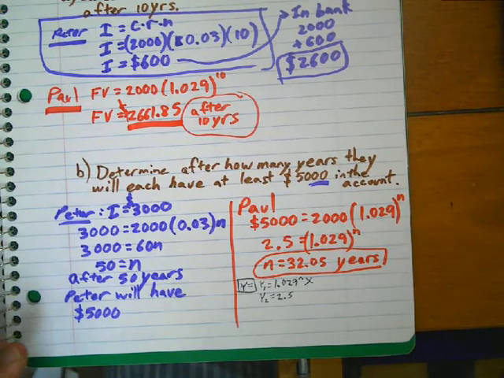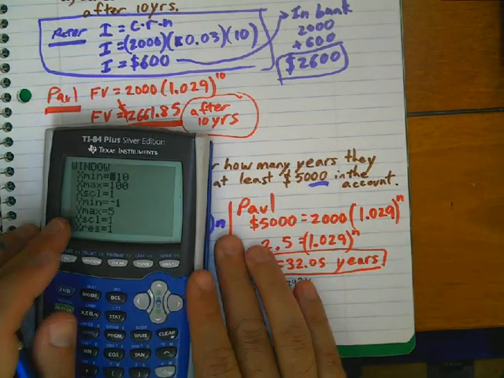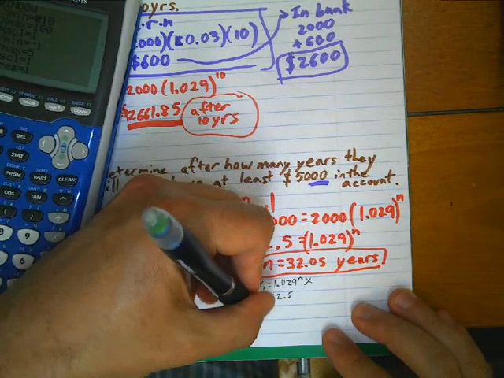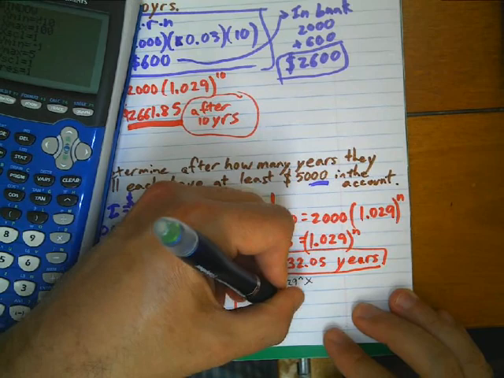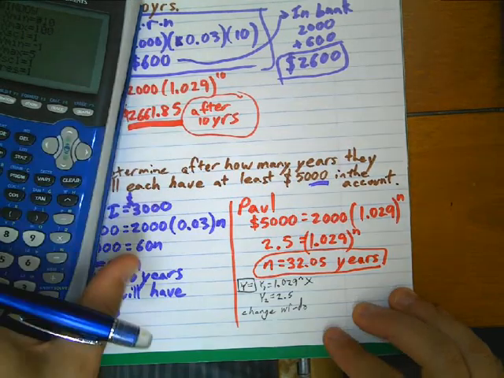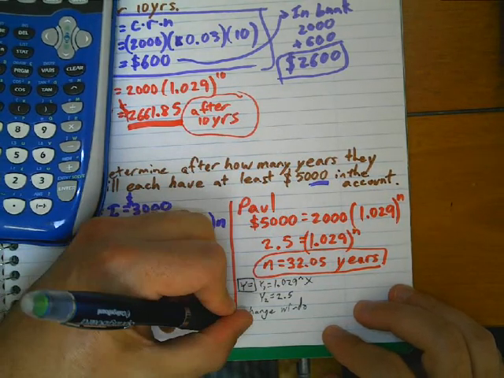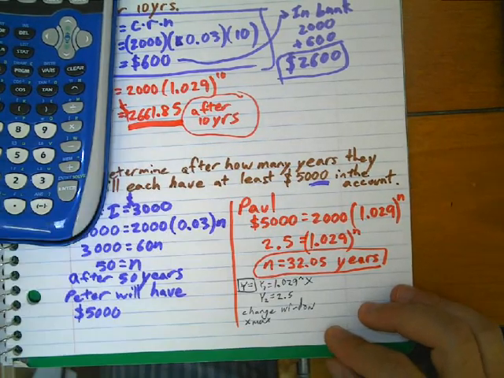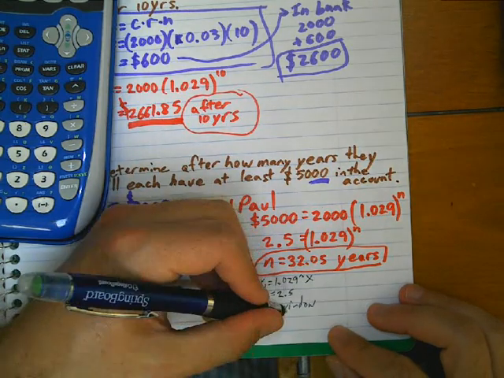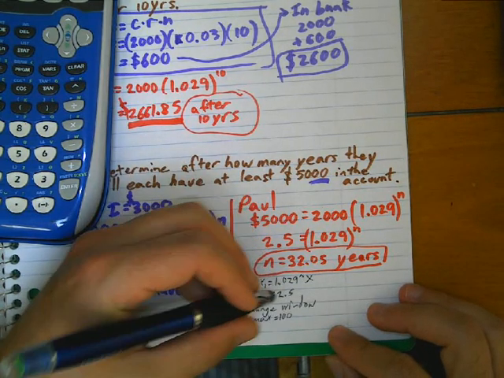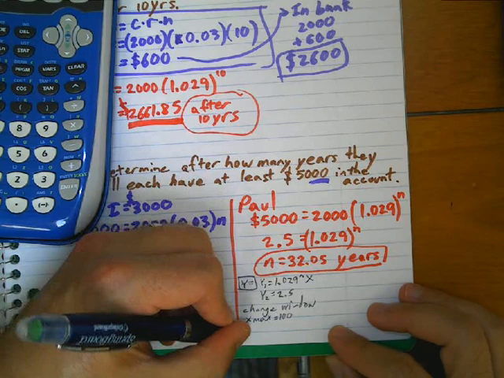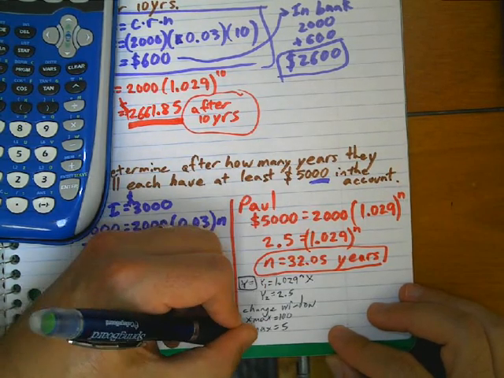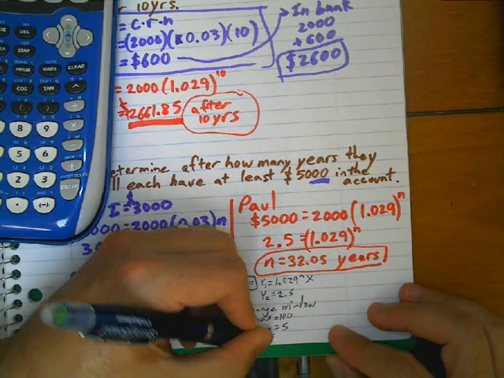The next thing I did was I changed the window. And I made x max equal to 100 and y max equal to 5 and y min equal to -1.